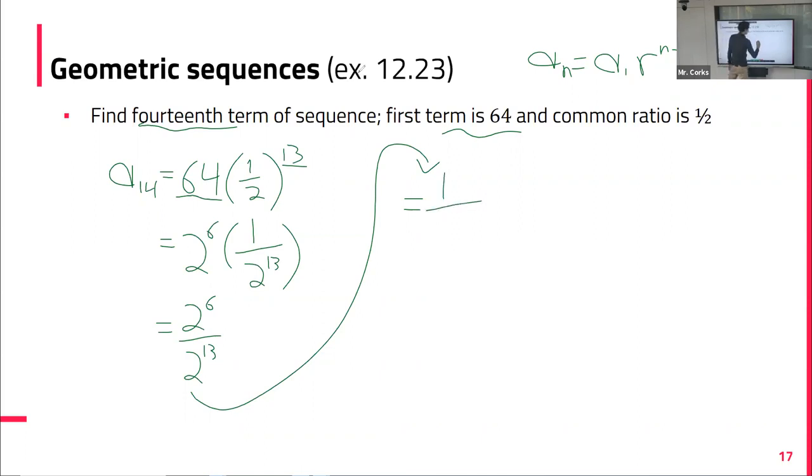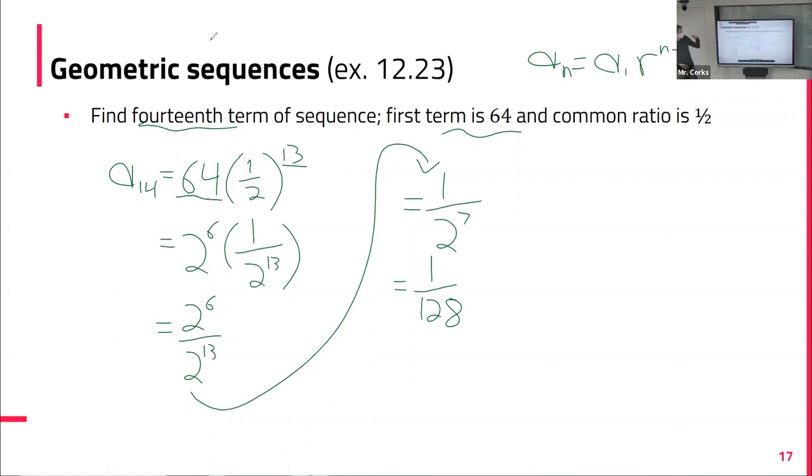So 1 over 2 to the exponent 7. And that number, 2 to the exponent 7, is 128. We already figured out 2 to the exponent 6, so just times 2 again: 1 over 128.